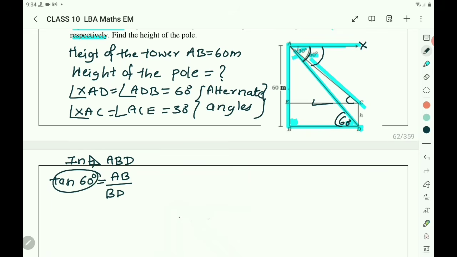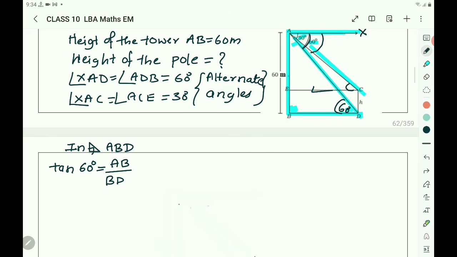Tan 60 is root 3, equals AB 60 by BD. Transfer BD to the LHS and root 3 to the RHS.